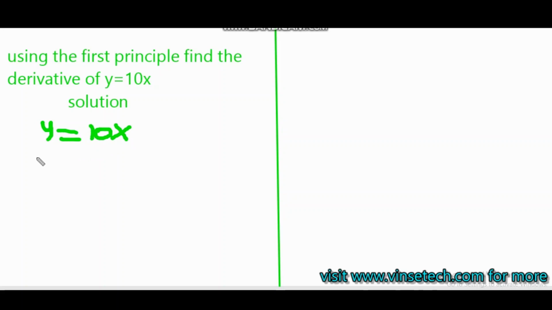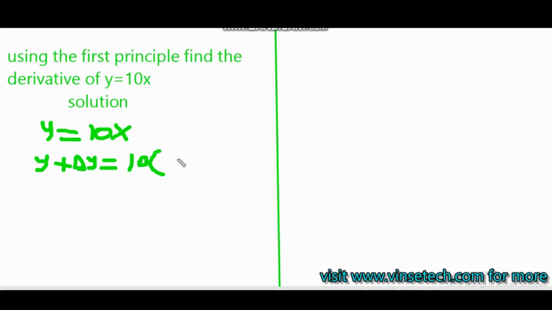Adding delta x to the left hand side, we now have y plus change in y is equal to, then adding delta x to the right hand side, there's a bracket because we are adding the delta x to the x variable and not the 10, so we have to separate it. That's why we have a bracket here, as I mentioned earlier.